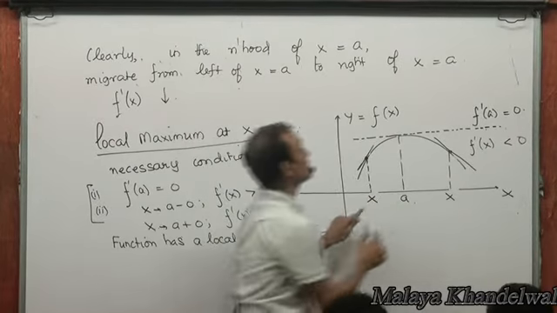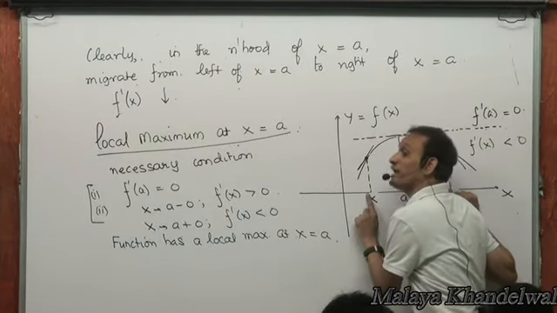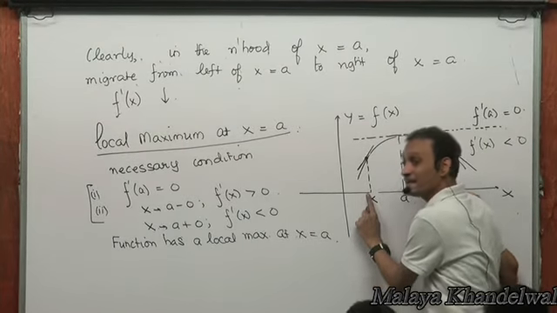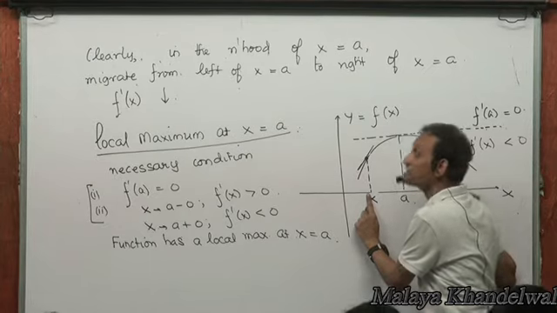That means in this neighborhood around x equal to a, f dash x is a decreasing function of x.